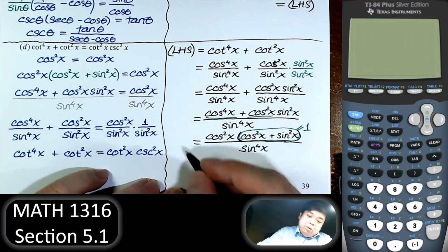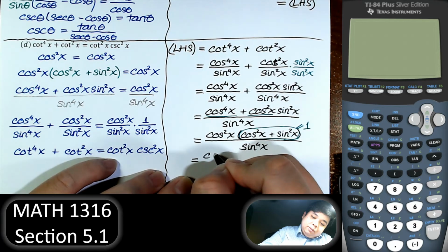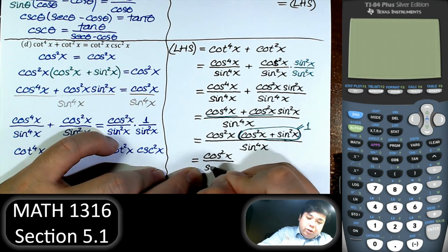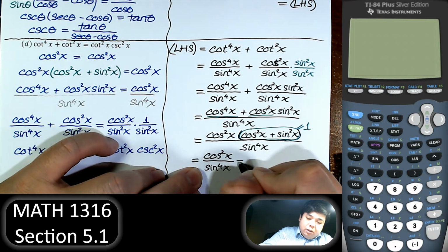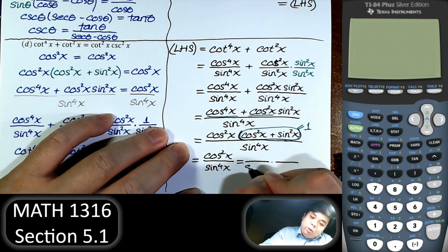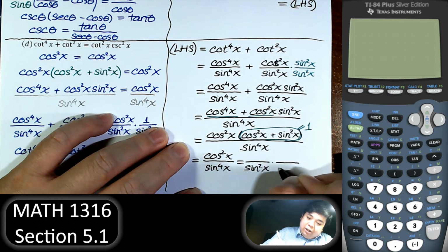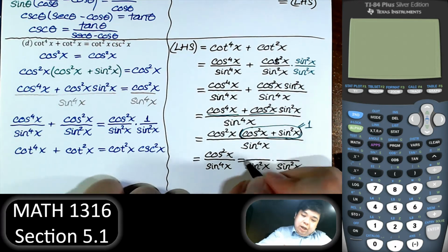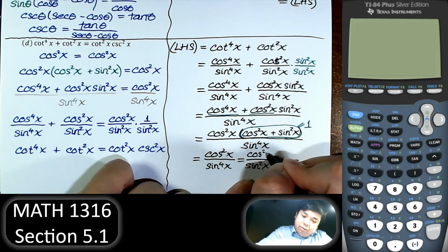So here we just have cosine square over sine to the fourth. Now we can split sine to the fourth as sine square times sine square. Then we have cosine square on the top.